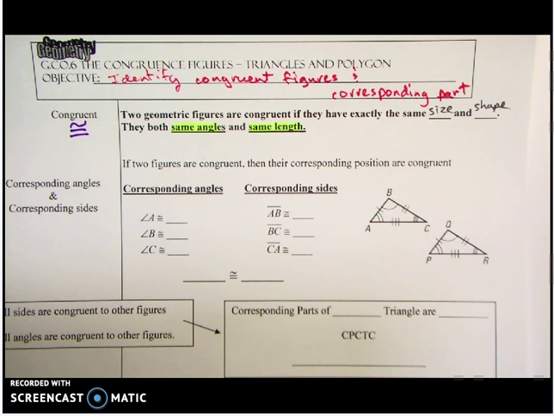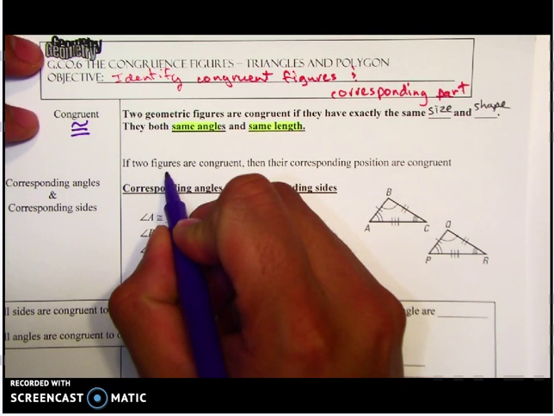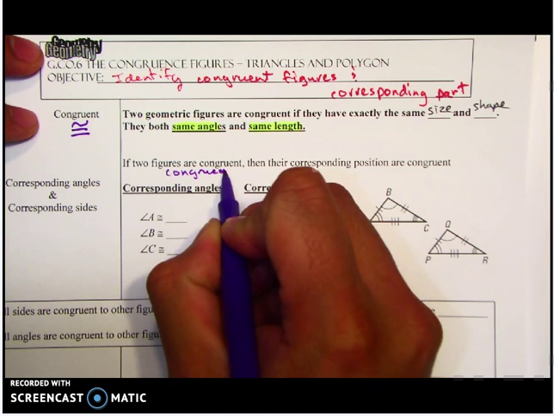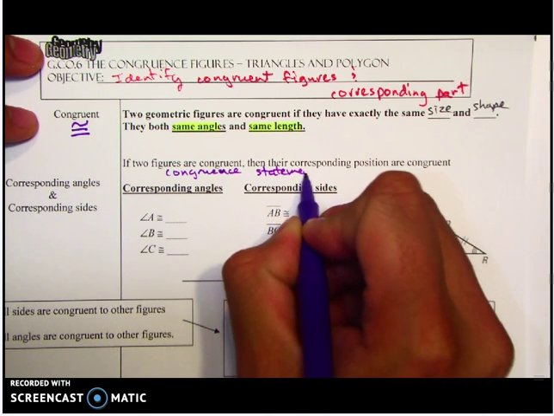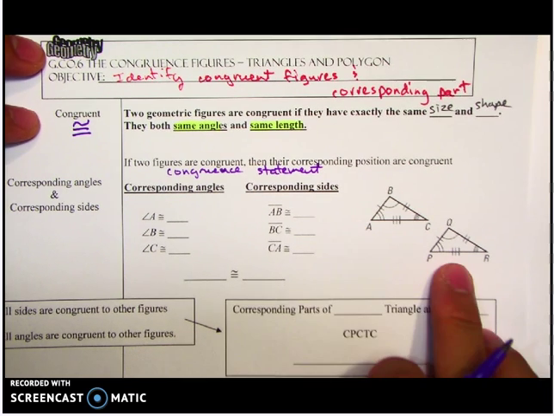Alright, so here it is. If I ask you to write a congruent statement, this is the congruent statement right here. It is just to write out the corresponding angles and the corresponding sides. So take a look at the picture.